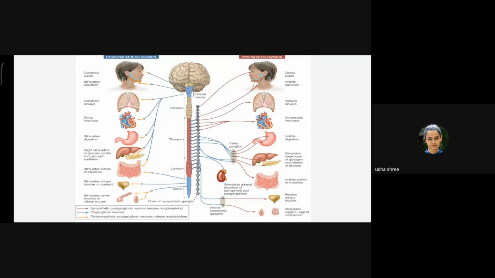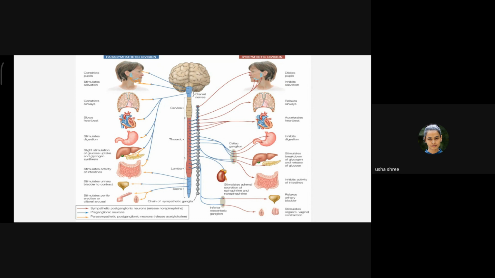You can see in this picture that red portion of the spinal cord.